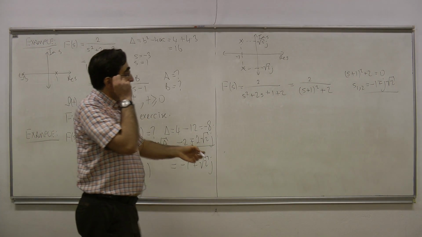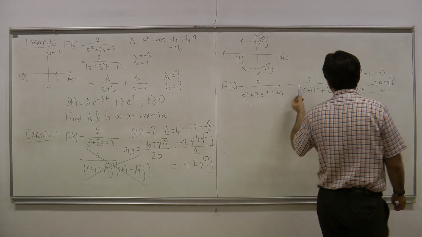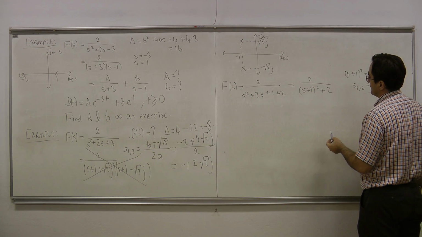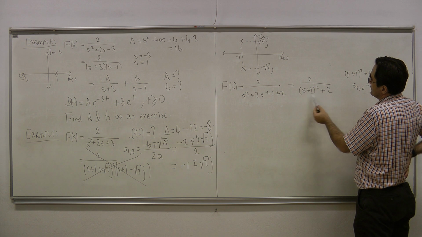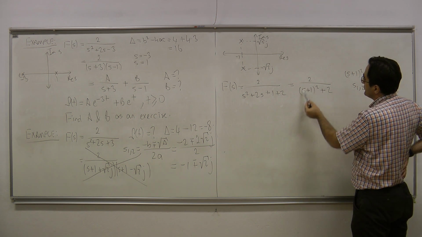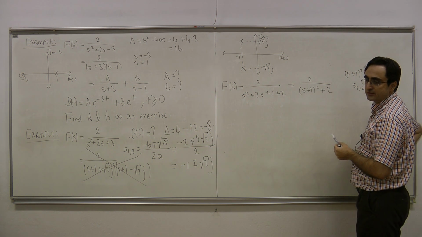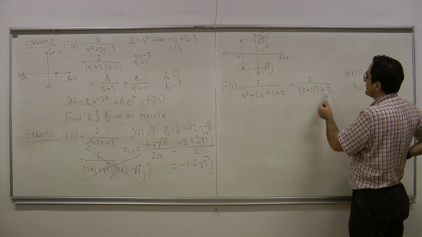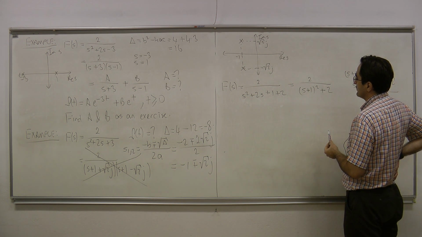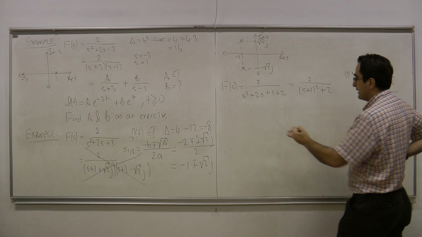And this is also going to make things easier for us, because here you see that the denominator is a full square plus a constant. This is really looking like a sine and cosine function Laplace transforms in some way.